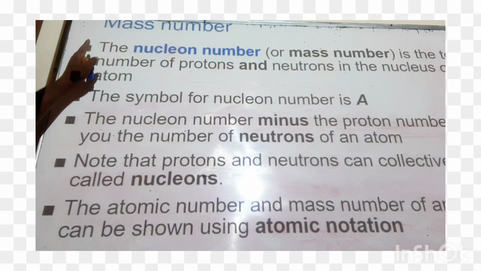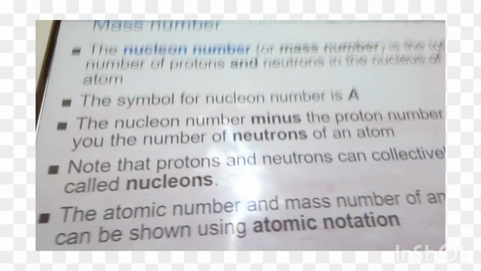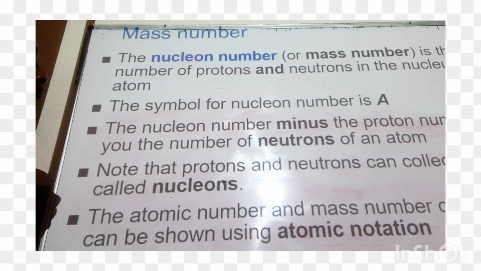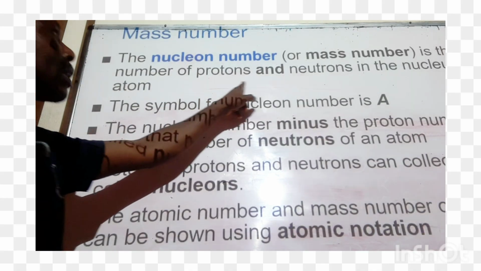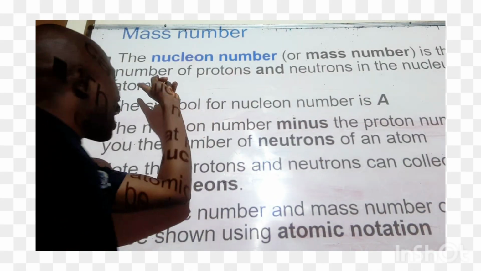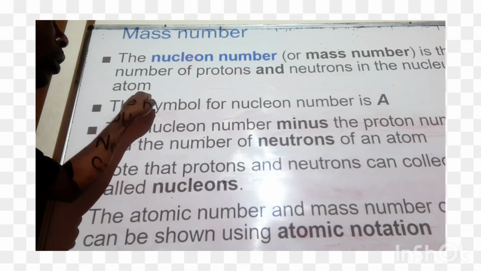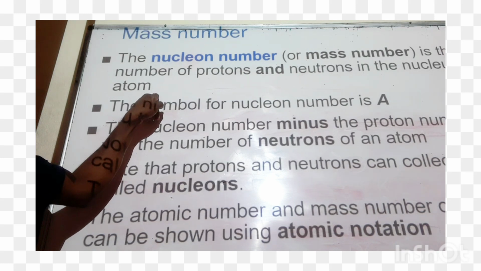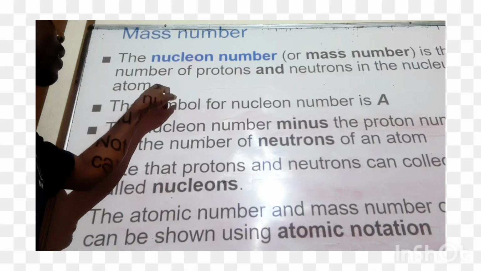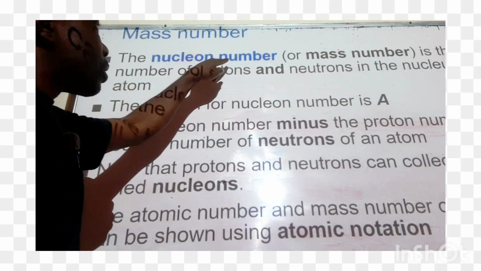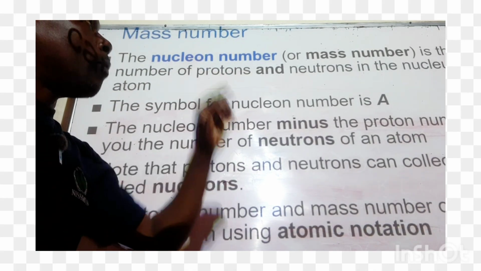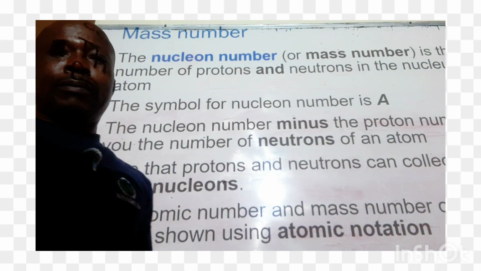So the next is mass number. So what is mass number? Simply, the mass number is the total number of protons and neutrons in the nucleus of an atom. We can refer to it as the nuclear number, or mass number.